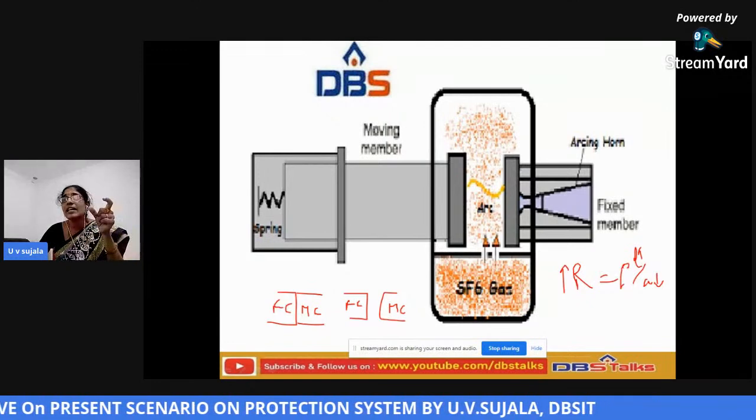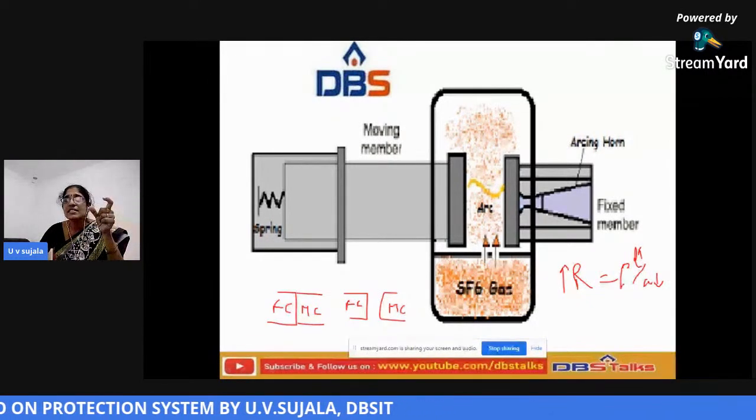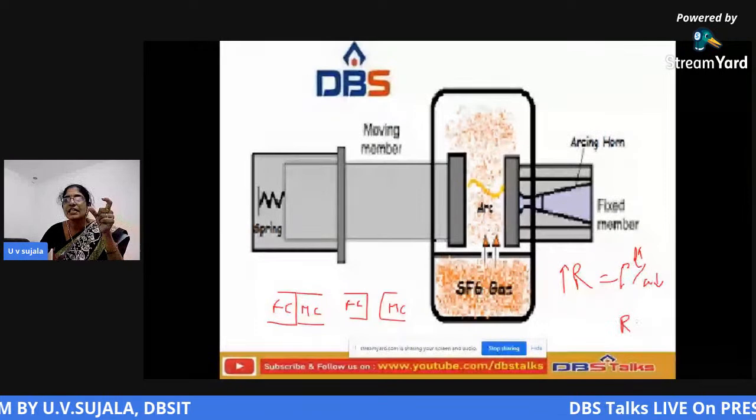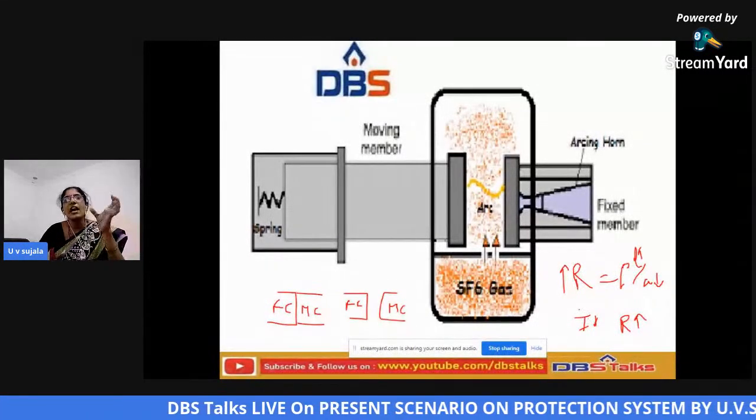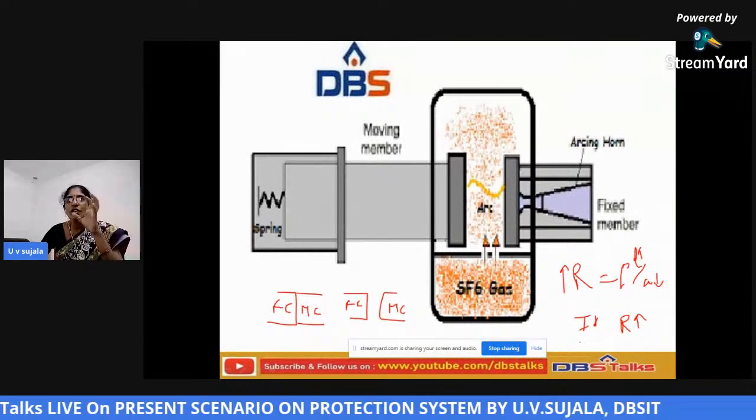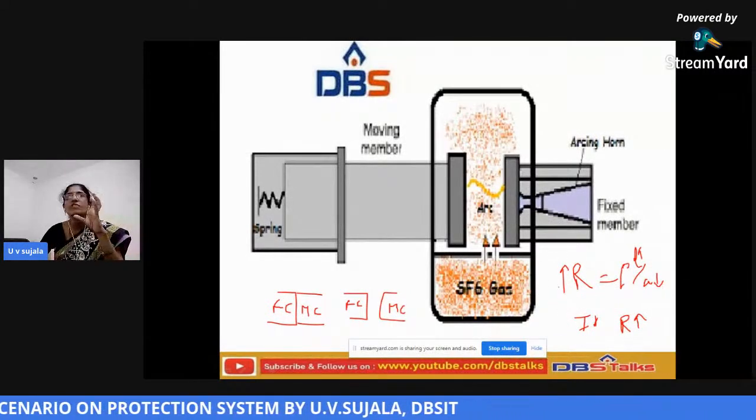When the resistance is increased, what about the current? It decreases, it comes down. So you have to increase the resistive strength of the material.